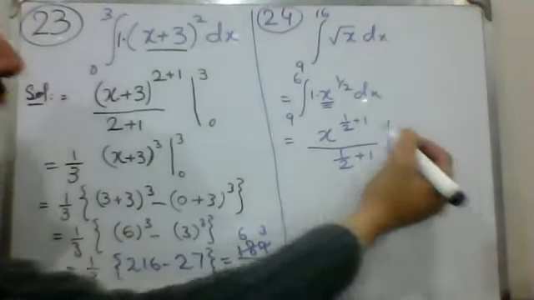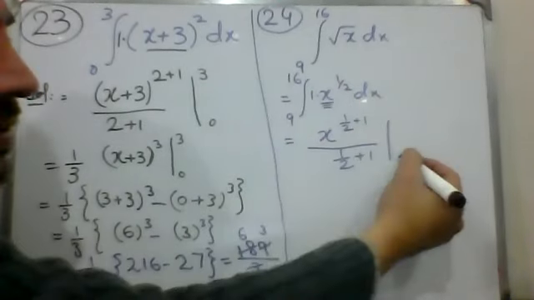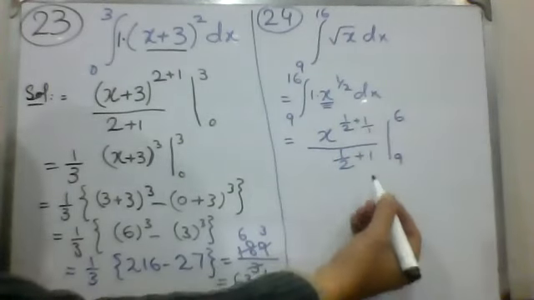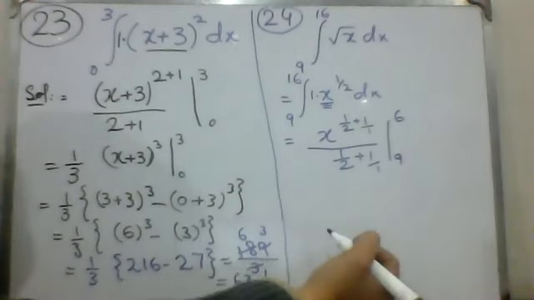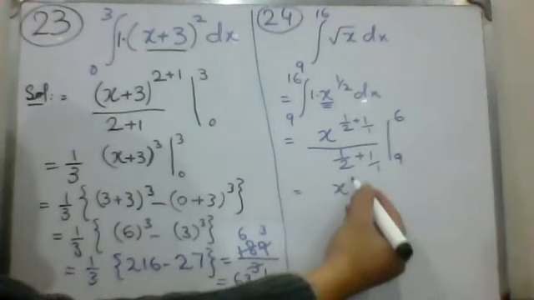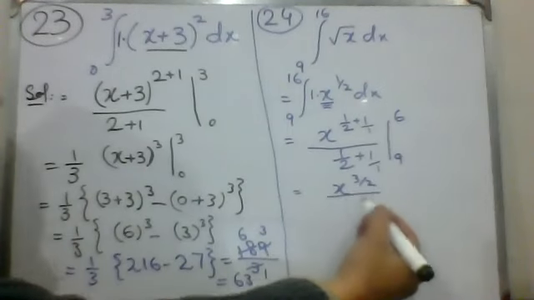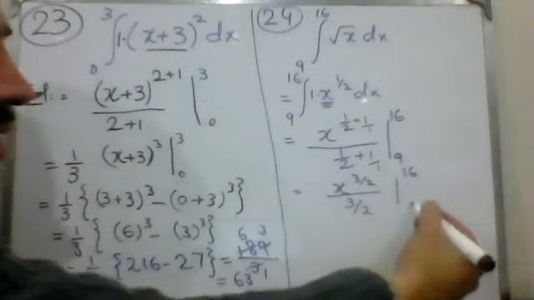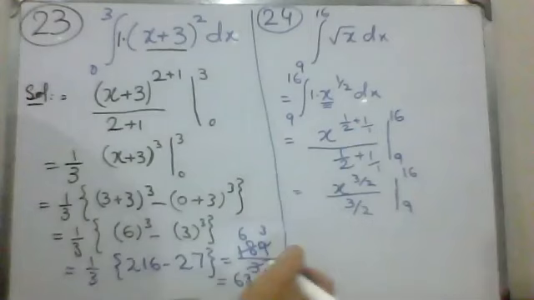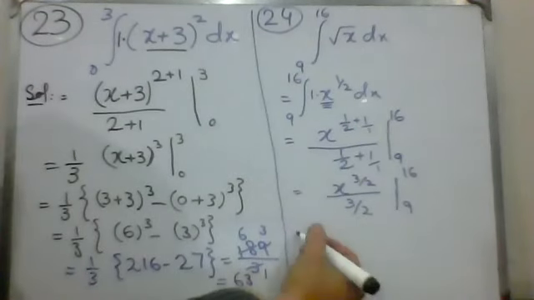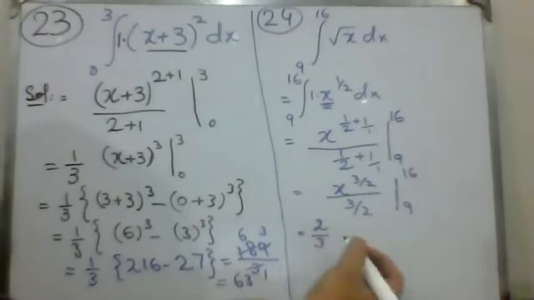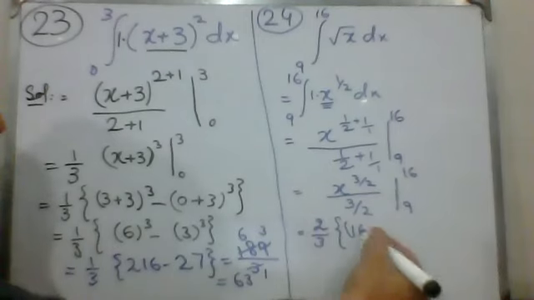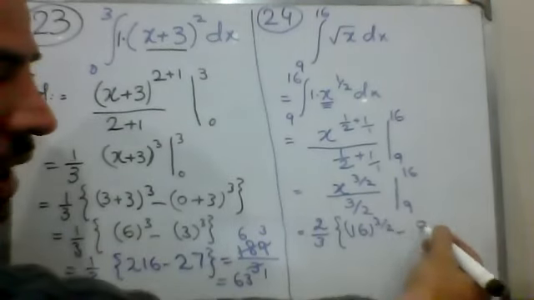The limit is from 9 to 16. Okay, now taking the LCM of 1 by 2 plus 1, and in the denominator also, we get x power 3 by 2 and the denominator is also 3 by 2, from 16 and 9. Okay, we shift the constant outside like that, 2 by 3, and in place of x we first put 16 here. 16 power 3 by 2 minus 9 power 3 by 2.